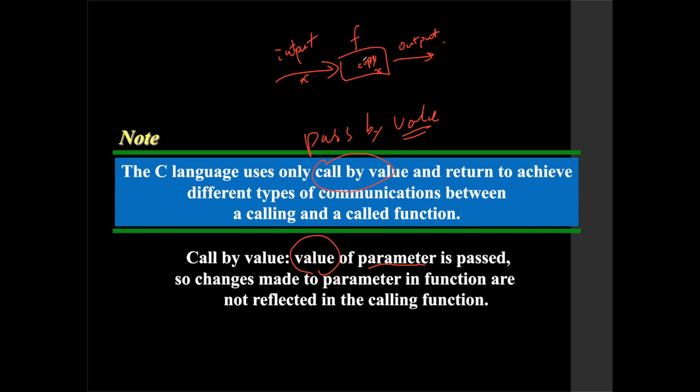It becomes a local variable. So there's actually a local copy of whatever you passed in, by value, inside this function. The function can do whatever it needs to with this parameter, and that will have no effect on the value of x outside of this function. Okay, so let's take a look at the specific example that illustrates this.